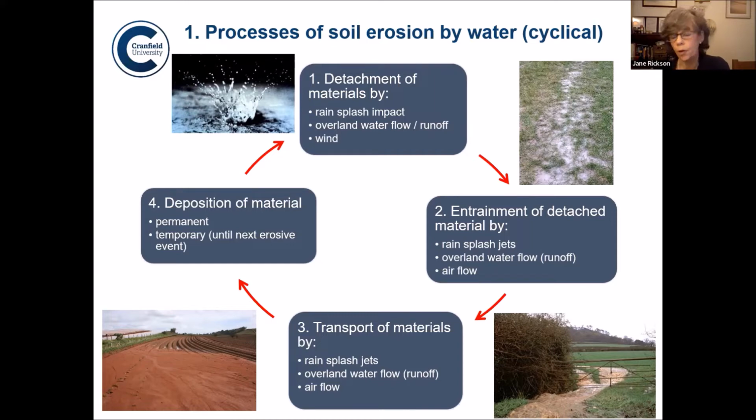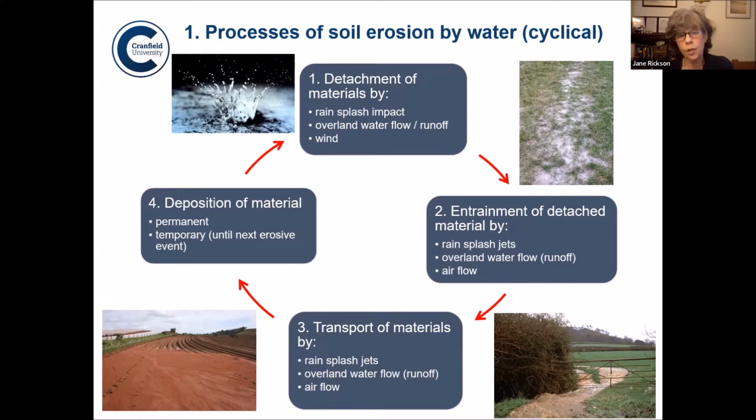And then, of course, wind erosion. Again, I'm not going to be talking about wind erosion today. Once you've detached those particles, that's the very first process. And I would argue that if you can control that very first process, then you won't have any erosion, which is exactly what we're trying to achieve.